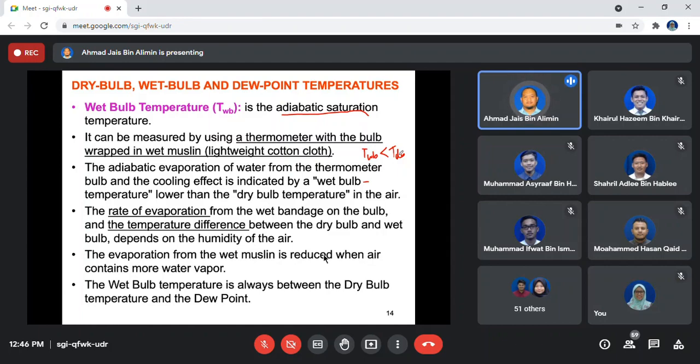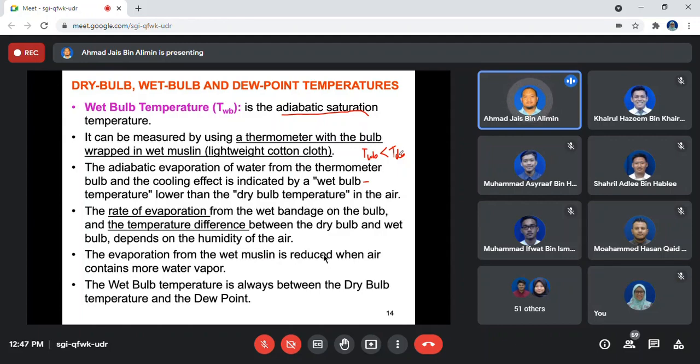Udara yang lembab disebabkan oleh kehadiran kandungan air yang tinggi, air yang ada di selaput yang basah tu sukar untuk menyejat ke sekitaran. So that's why we use this concept to gauge or estimate the presence of humidity in the air.